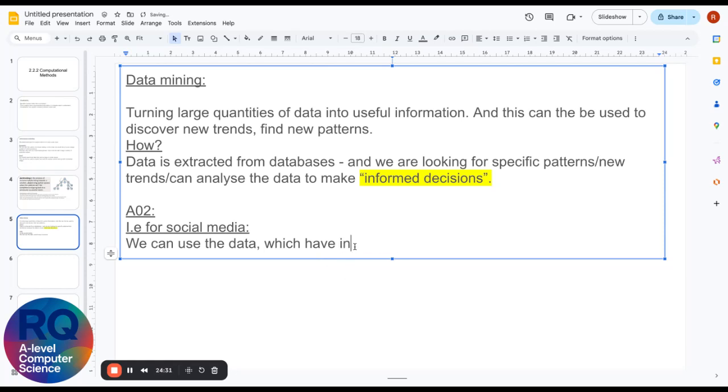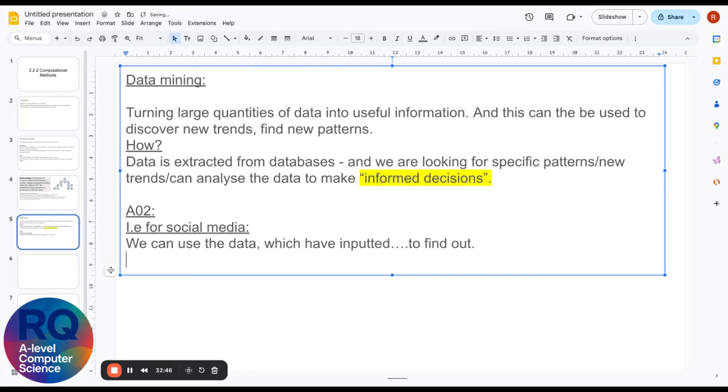Or no, we haven't analyzed it yet, or which we have inputted to find out different information. So let's say if it's for social media, then we can use it to find out, for example, what users do.